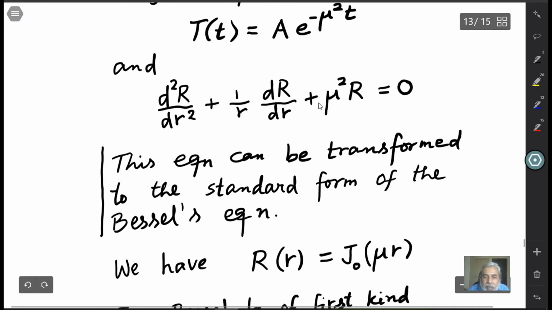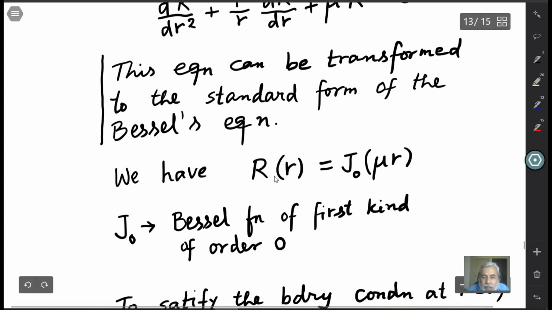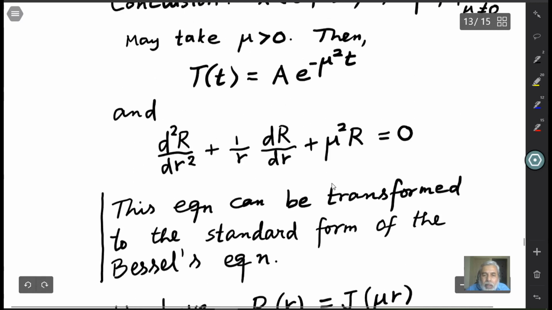So this equation can be transformed with a simple transformation to the standard form of Bessel equation. We will write this in the notes, and for the time being, if you have studied it, well and good. So the general solution of this equation is given by R(r) equal to, so I can always put a constant multiple, but that we already put in T itself.